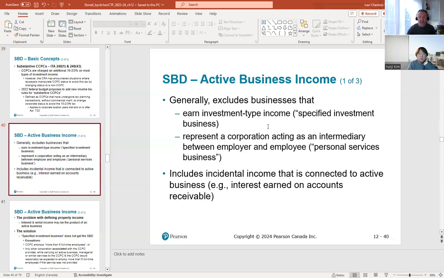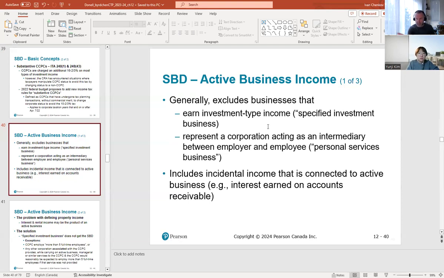So now we're going to the active business income. The active business income excludes businesses that earn investment-type income. It also does not include a corporation acting as an intermediary between the employer and employee.